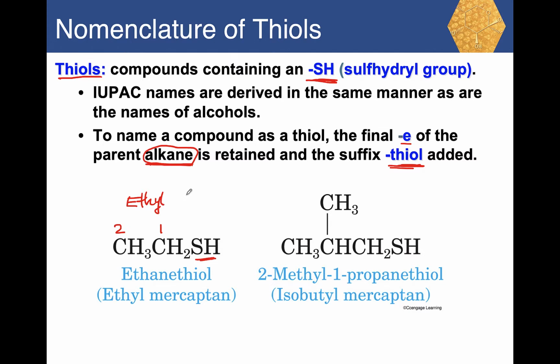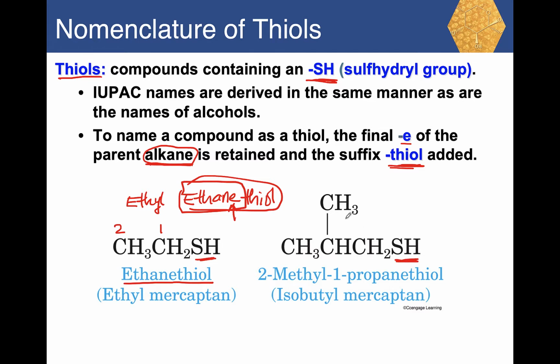So the name would be ethane. So this would be the root name. So we keep this E and just add thiol. One word. So the name is ethanethiol. This is again a thiol because of the SH.